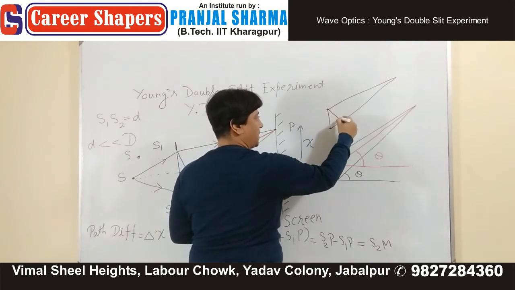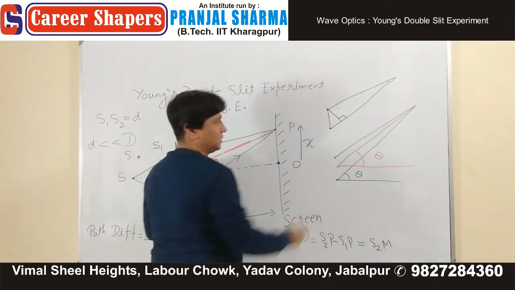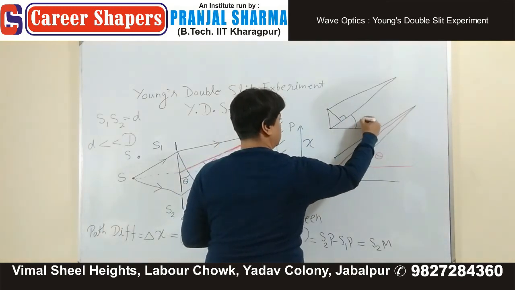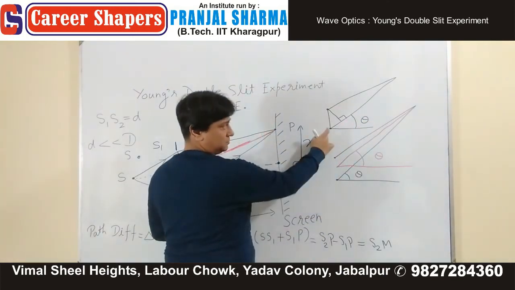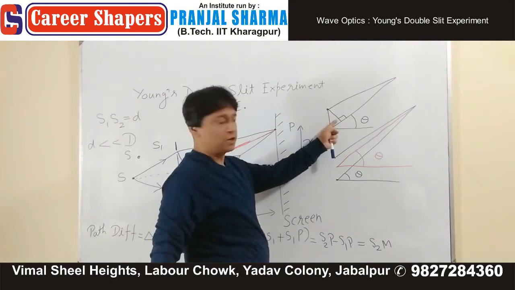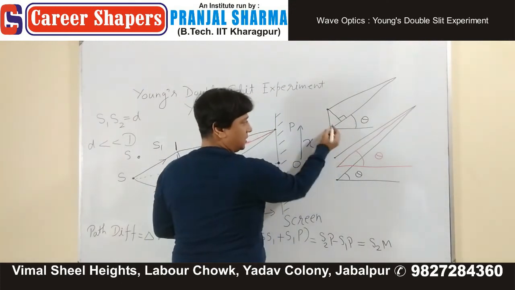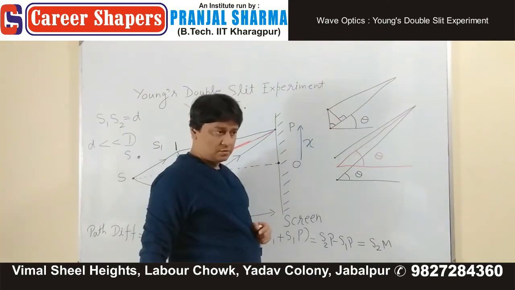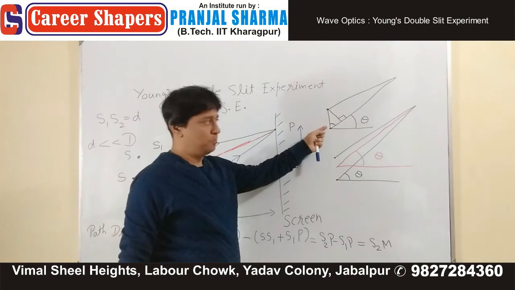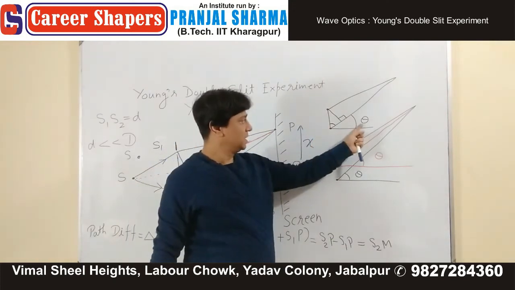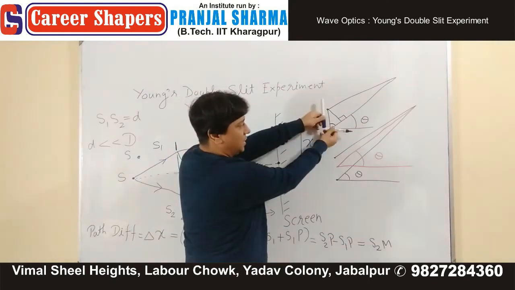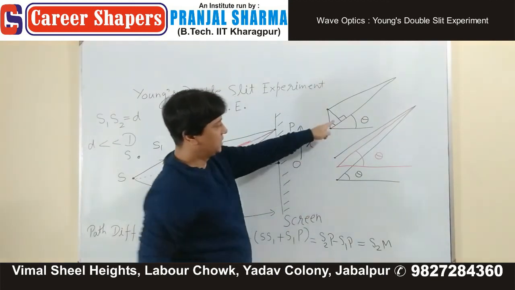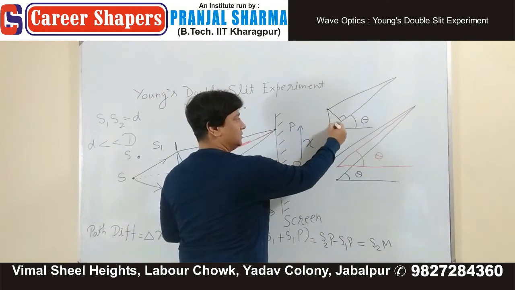Again, we have dropped a perpendicular. We are saying that this angle is theta and this is the perpendicular. This is theta. You can see this much will be 90 minus theta. I hope it's visible. This is theta, vertical, horizontal, theta. This is 90 minus theta.